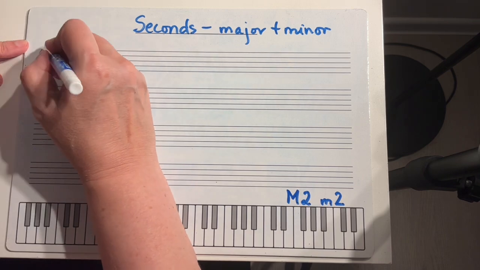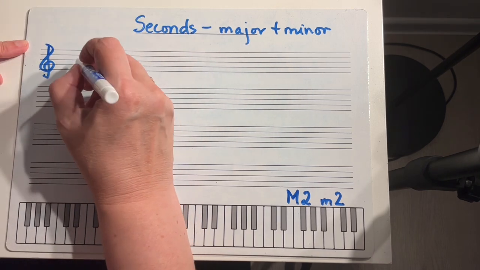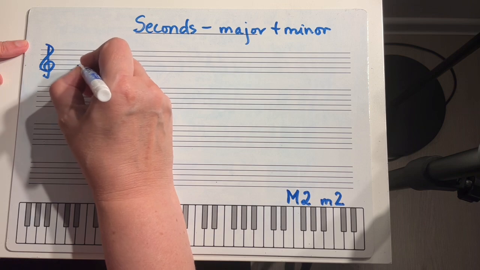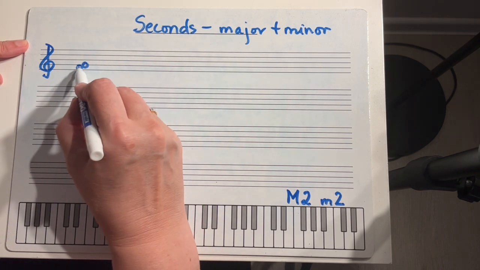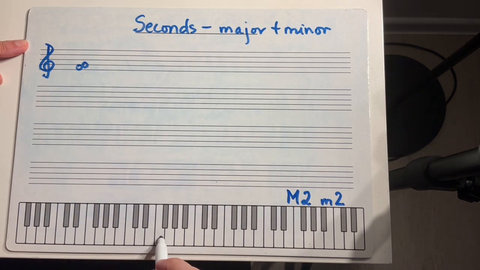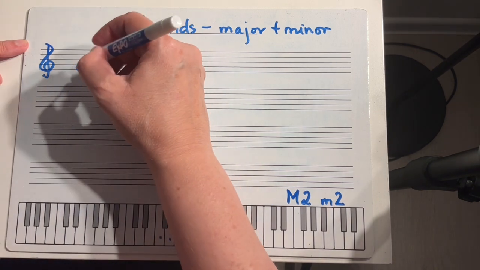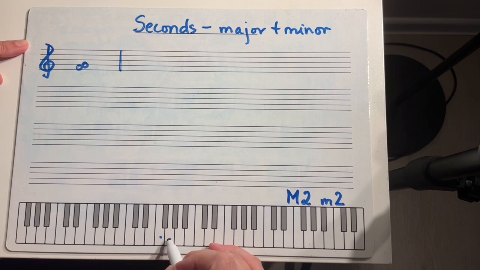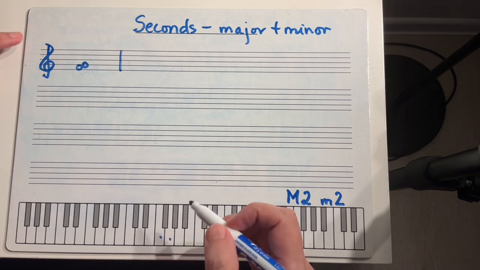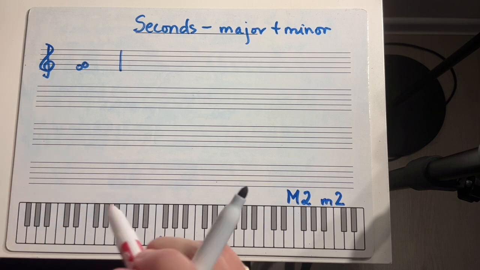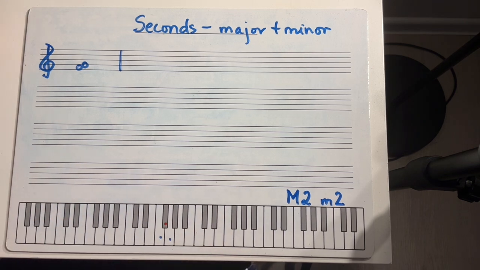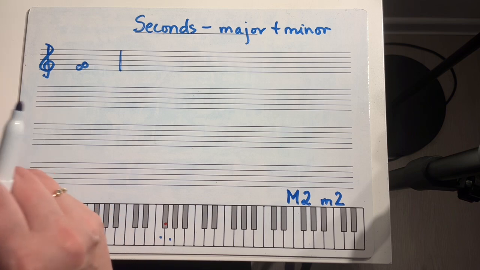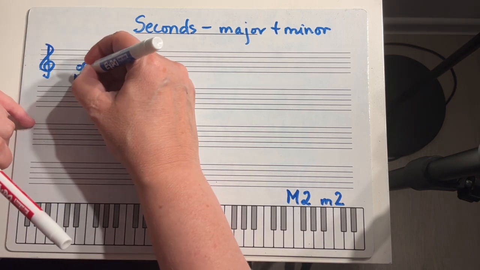So remember, the basic way to write a second is you've got two notes a step apart, or two notes a key apart, F and G. So if we look at these keys, you notice there is a note that we've jumped over. So that, by definition, makes this a major second.